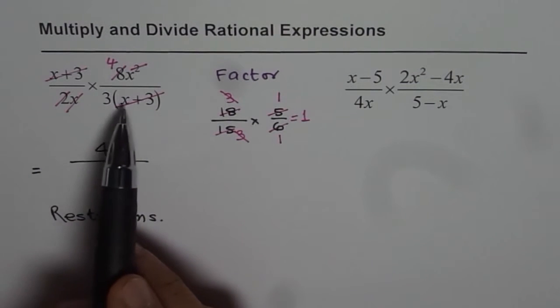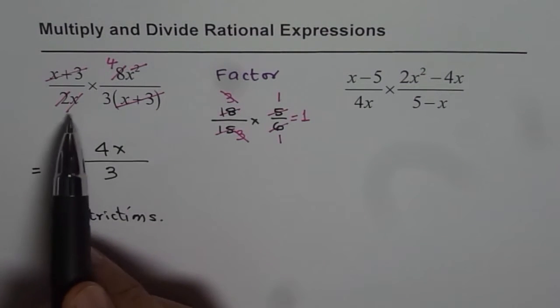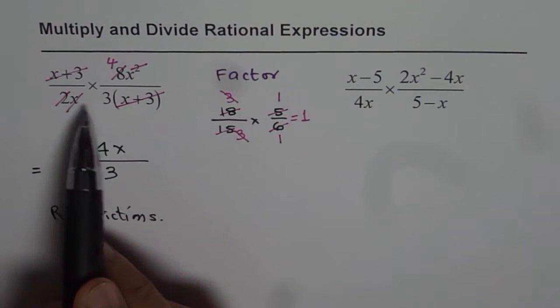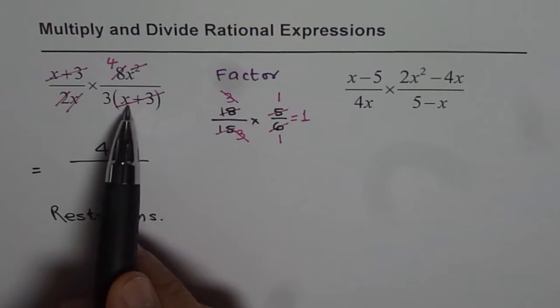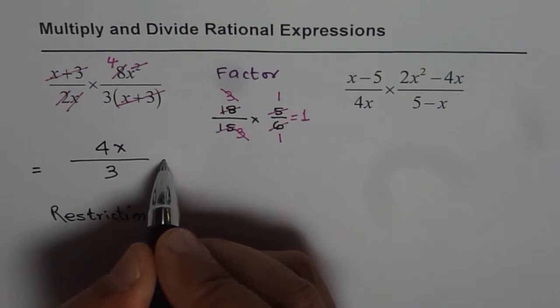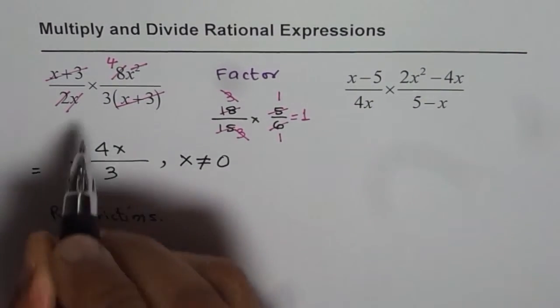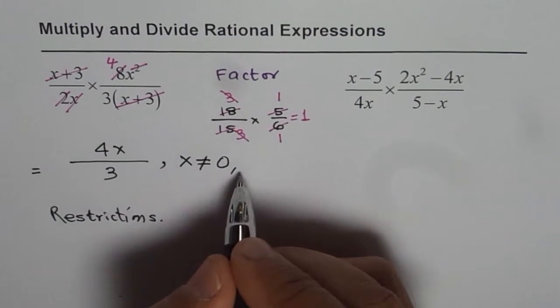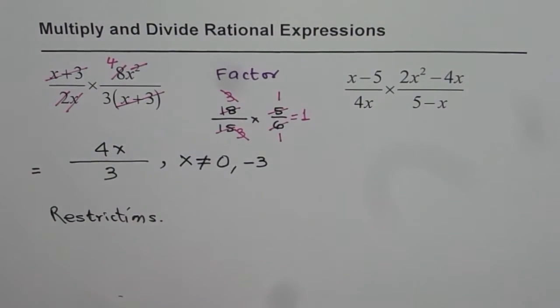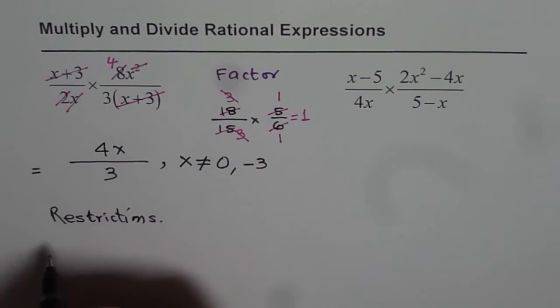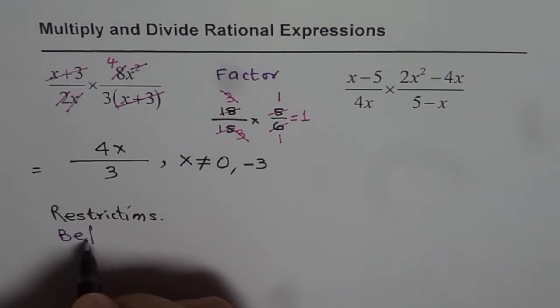The given rational expression has two restrictions. One is x cannot be 0. The other is x cannot be equal to minus 3. So it's good practice to write that right there: x is not equal to 0, and x is not equal to minus 3. So remember to write down restrictions before cancelling.